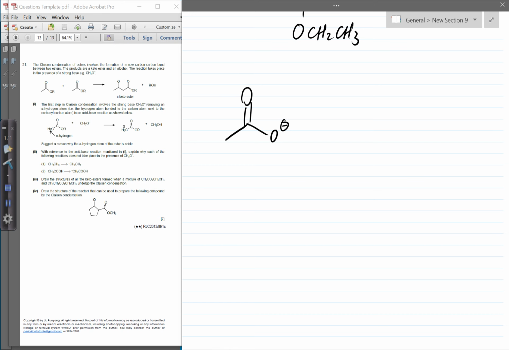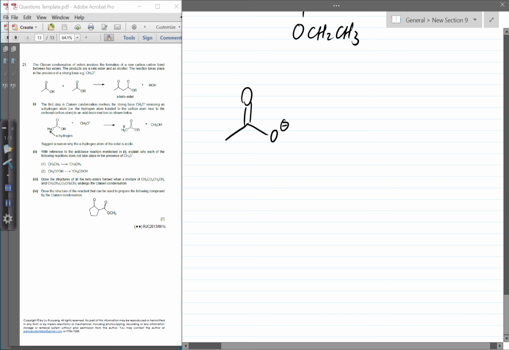So now the question is, if you want the minus charge to be here, what should we do? One way that I can think of is, before I do anything, convert these to an ester, right? It can be any ester, doesn't really matter, right?